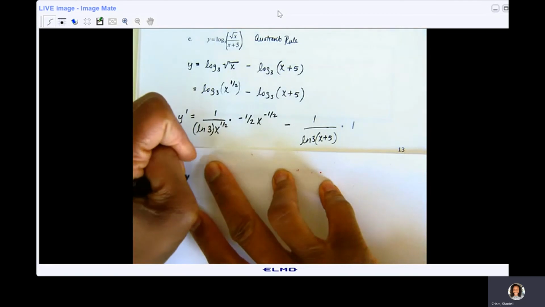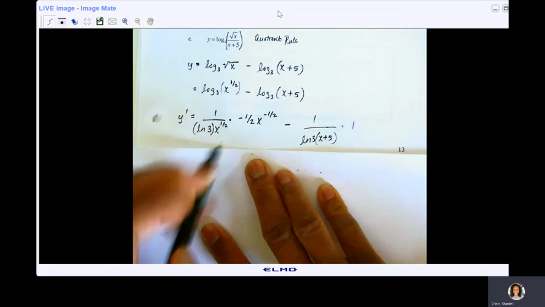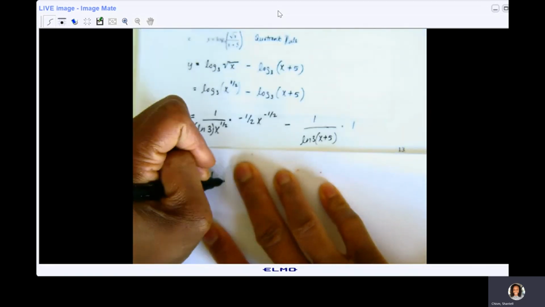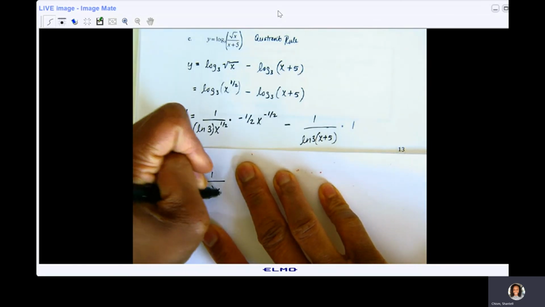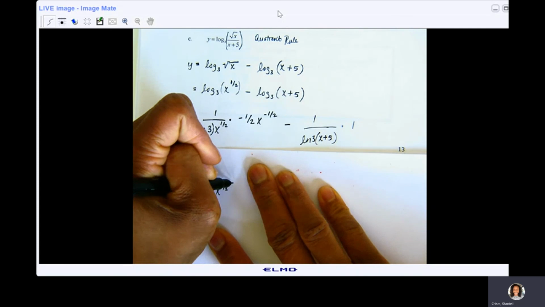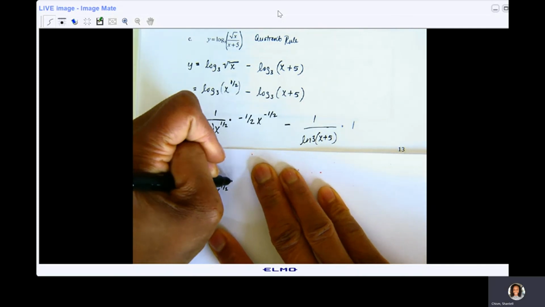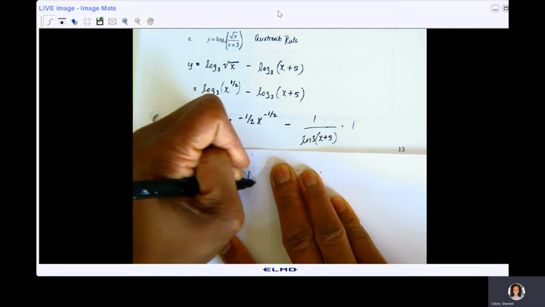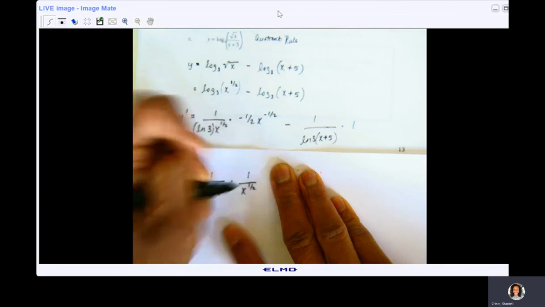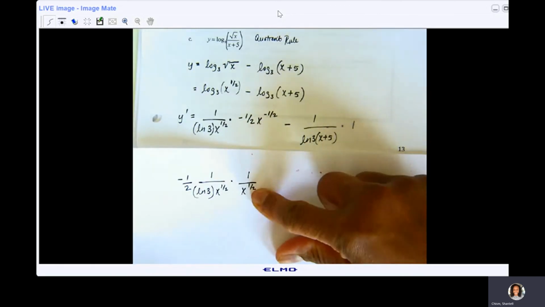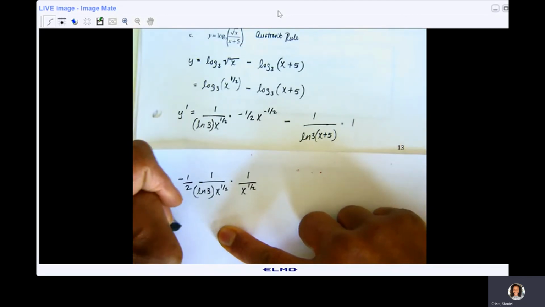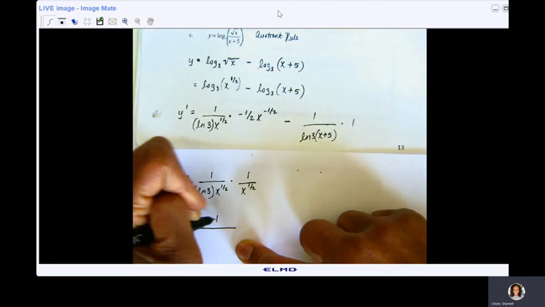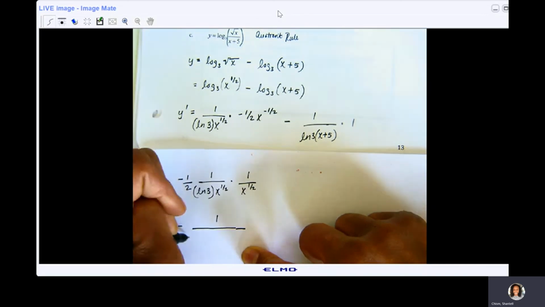That 1/2 I'm going to bring to the front. And then I still have the 1 over ln of 3, x to the 1/2. Then I have times 1 over x to the 1/2 there. So that was negative, so I brought it to the bottom. So this actually can clean up even nicer to just be 1 whole fraction.